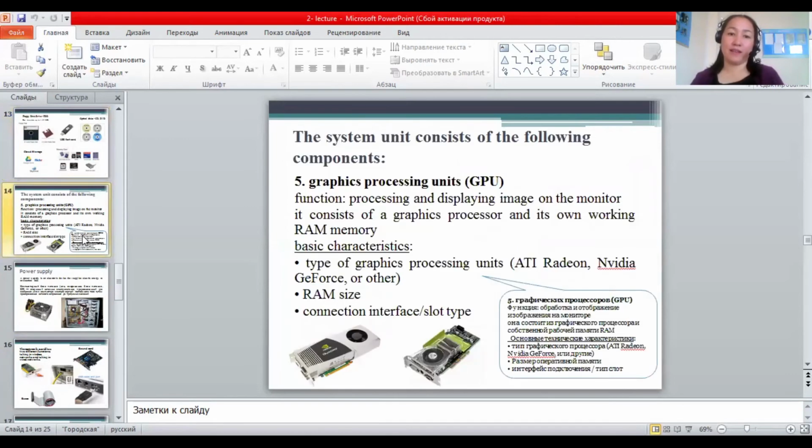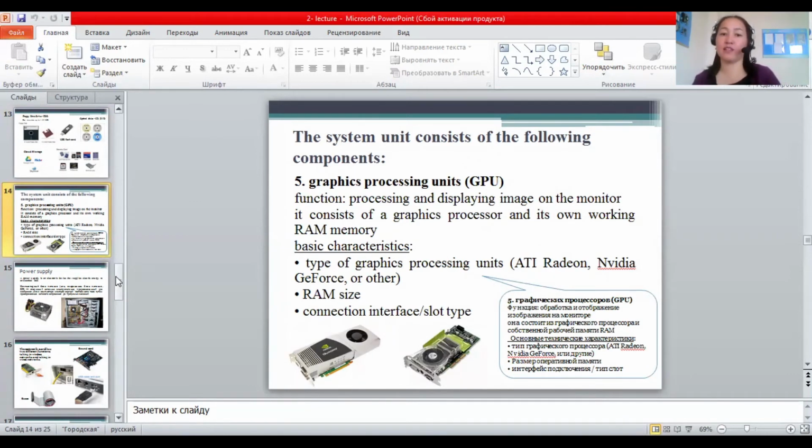And to the next slide, we illustrate the graphic processing unit (GPU). Function: processing and displaying images on the monitor. It consists of a graphic processor and its own working RAM memory. Basic characteristics: its type of graphics unit and the RAM size.